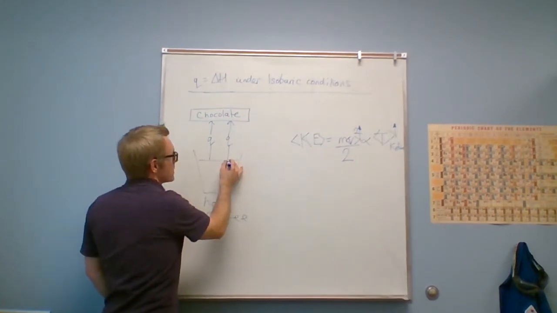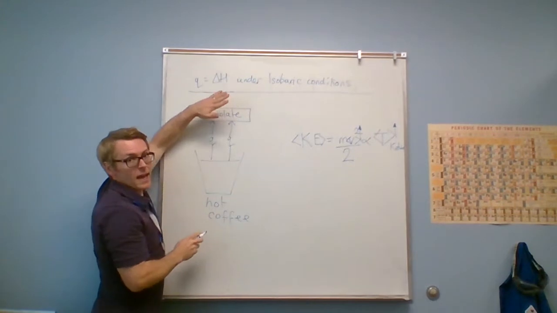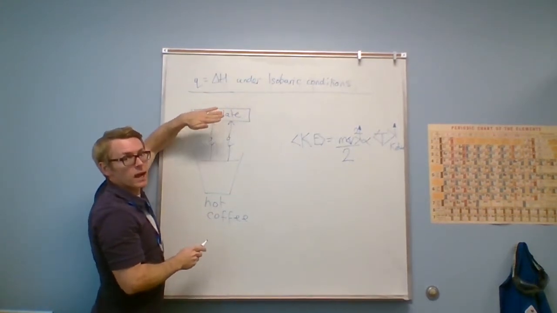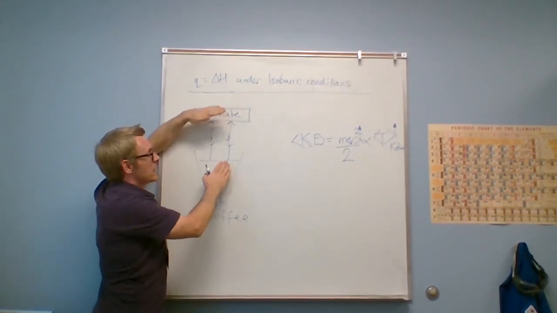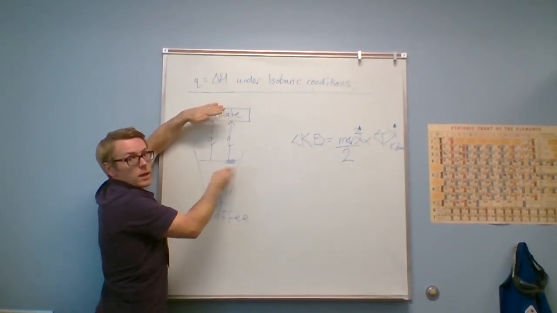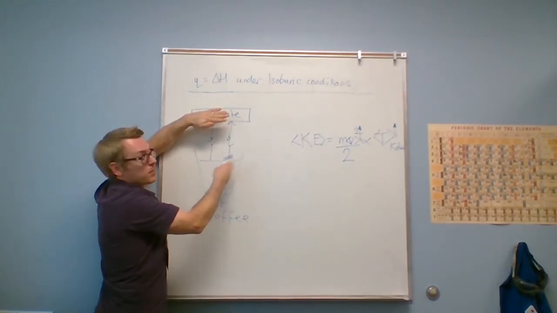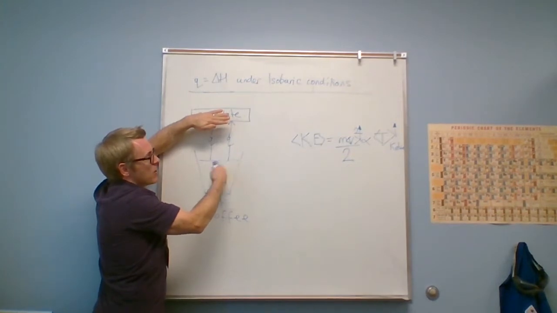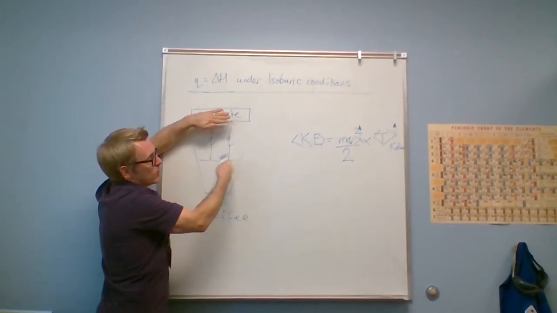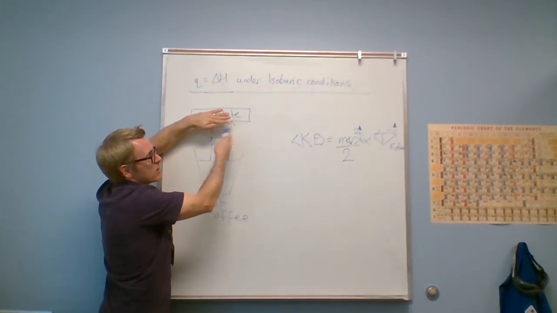Now imagine that there's some steam coming off the coffee. My hand is the chocolate bar, moving kind of slowly. Now imagine that the marker is the quick-moving water molecules in the coffee. As the coffee starts to evaporate or produce steam, the steam is now going to hit my hand.